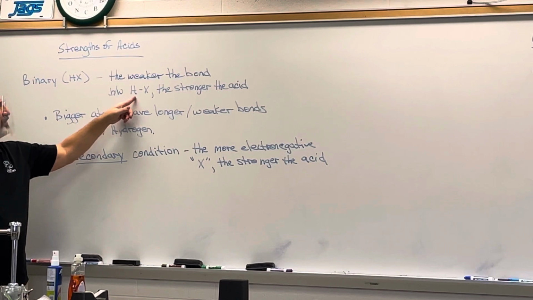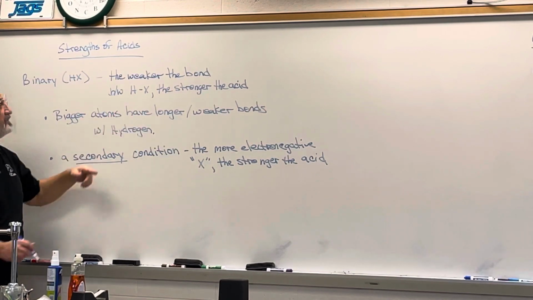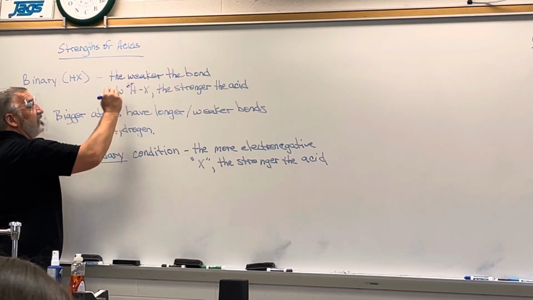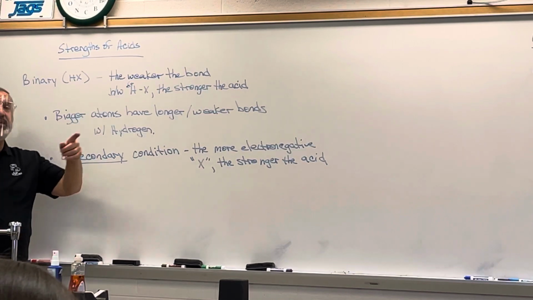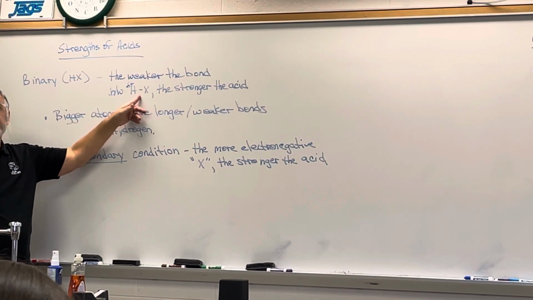Why? I'm looking for what type of molecule forms. If this is a highly electronegative element, such as fluorine or chlorine, it's going to be polar, which is going to make the hydrogen very positive, which makes it easy to be removed by the water because it's going to have a much stronger attraction to the water. The more polar this bond, generally the easier it is to break.